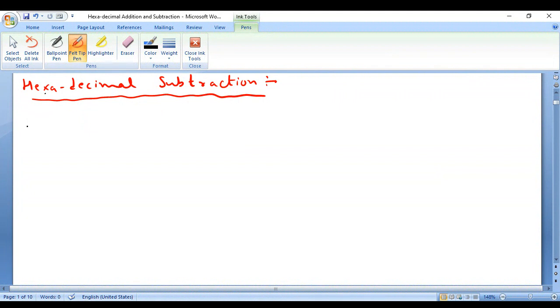Suppose the question given is 73 and it is in hexadecimal system, and you have to subtract 1C, and suppose it is also in hexadecimal.